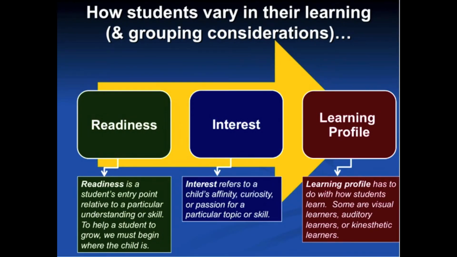And I think we went over this a little bit with your lesson planning, but to really ensure that you consider students' learning backgrounds, you can determine their readiness, so their entry point relative to a particular understanding or skill. Their interest refers to a student's affinity, curiosity or passion, and the learning profile.